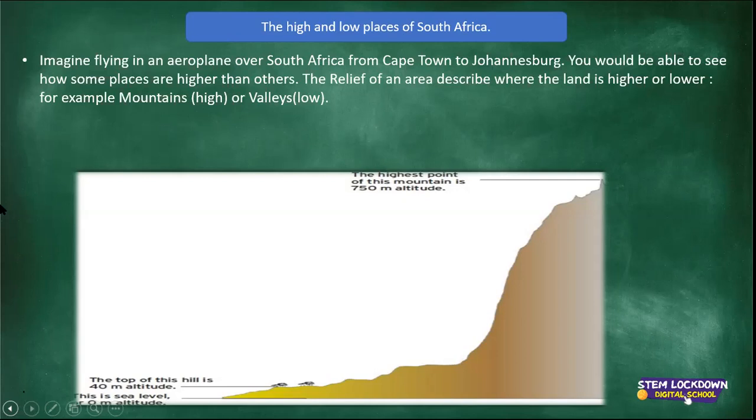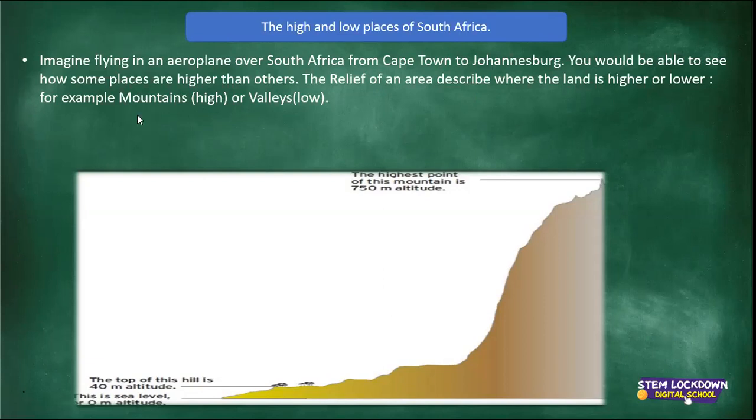Let's read this. Imagine flying in an aeroplane over South Africa from Cape Town to Johannesburg. You will be able to see how some places are higher than others. The relief of an area describes where the land is higher or lower.